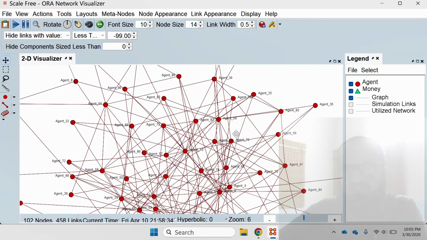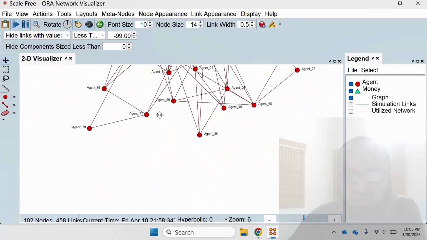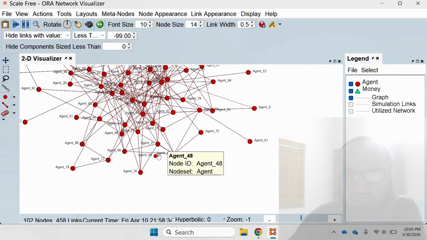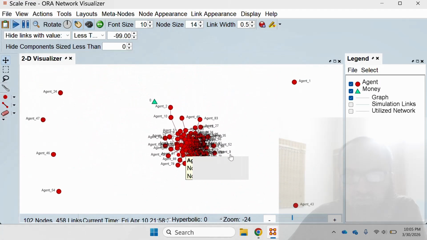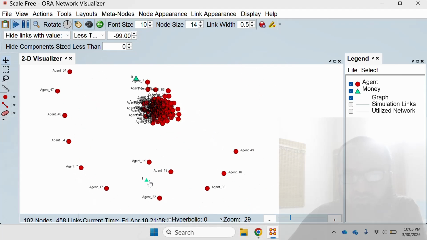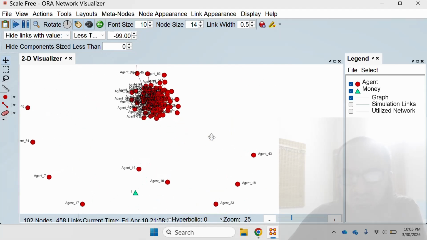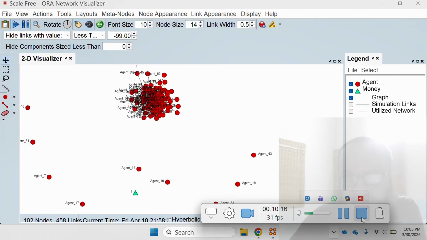I just wanted to show you this simulation part, and of course some of the things are very much clear: if simulation starts from some agent who is disconnected from the network, then of course the diffusion is not going to take place. But if you start with some agent who is connected with the larger node set, then eventually the diffusion takes place. So that's it. In the next video, we shall see running the diffusion from the visualizer itself.